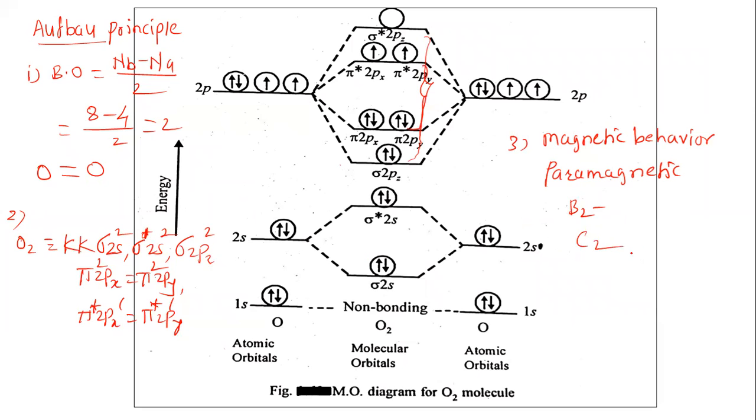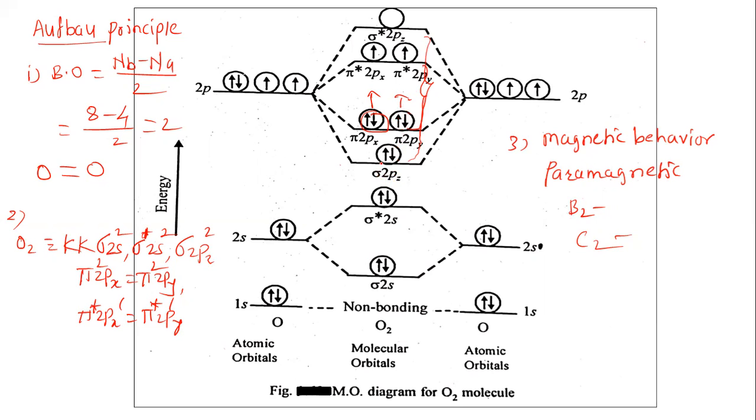Similarly, the C2 molecule has a total of 12 electrons. So sigma 2s2, sigma star 2s with 2 electrons, then sigma 2pz, and in this there is 1 electron. In the case of the C2 molecule, it means it is paramagnetic.